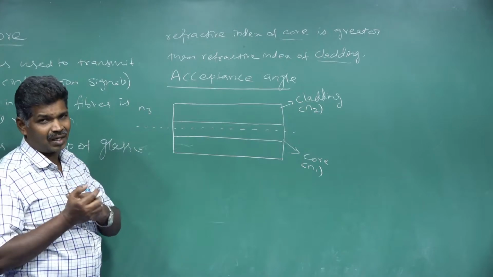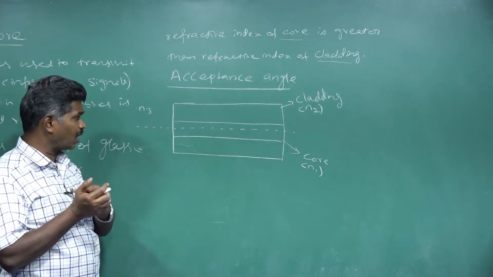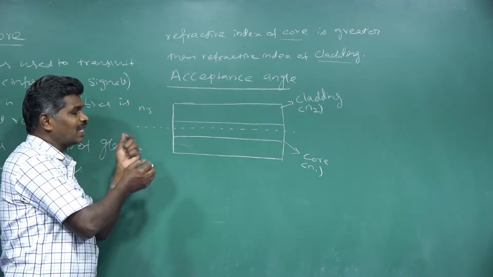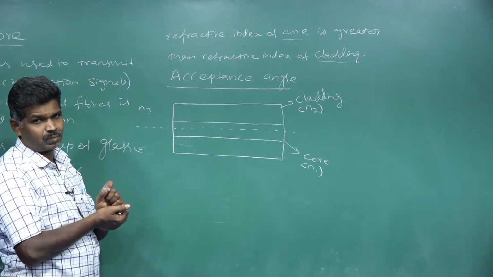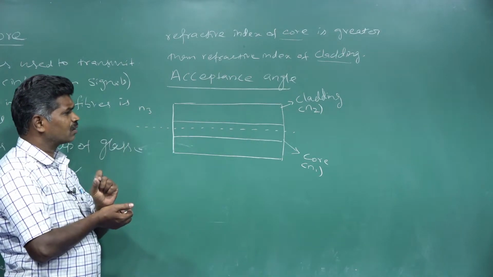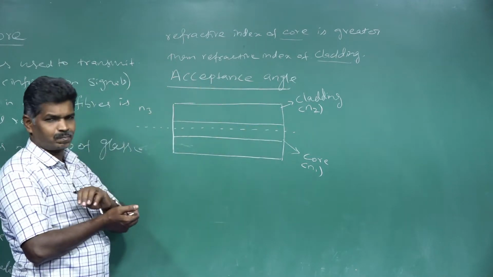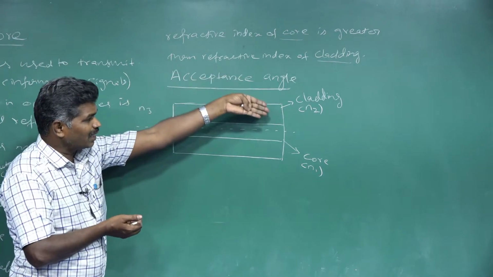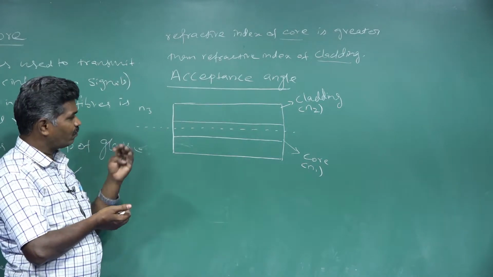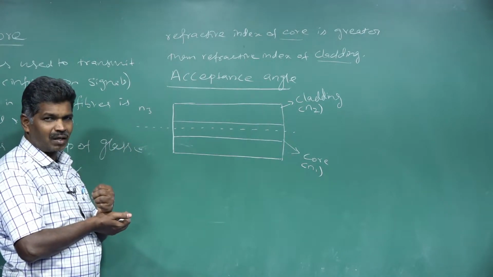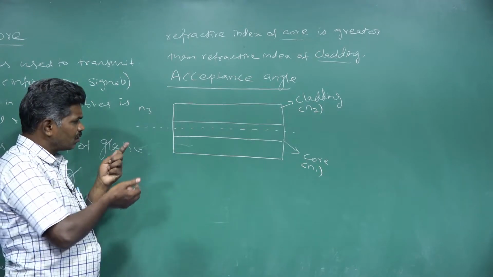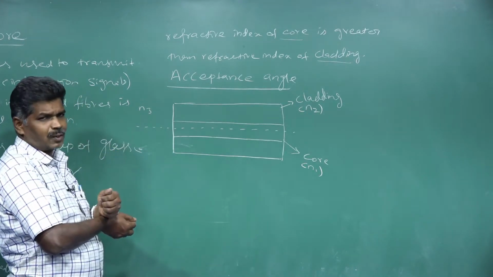One of the light rays we are going to take. That ray is going to enter our optical fiber at one end, the transmitting end. From the transmitting end of our fiber cable, the light ray can enter.